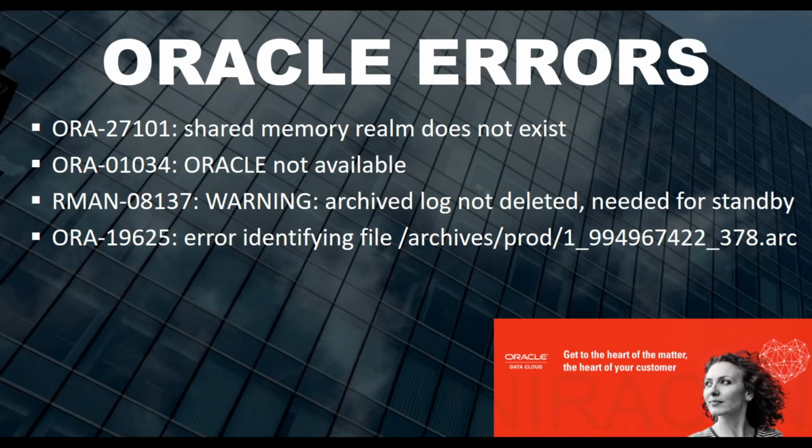Every message in Oracle will have a number appended to identify what issue it is. Thousands and thousands of errors are there in Oracle, but every alert, every message has a code, always prefixed with ORA-, and in case of RMAN issues, prefixed with RMAN-.